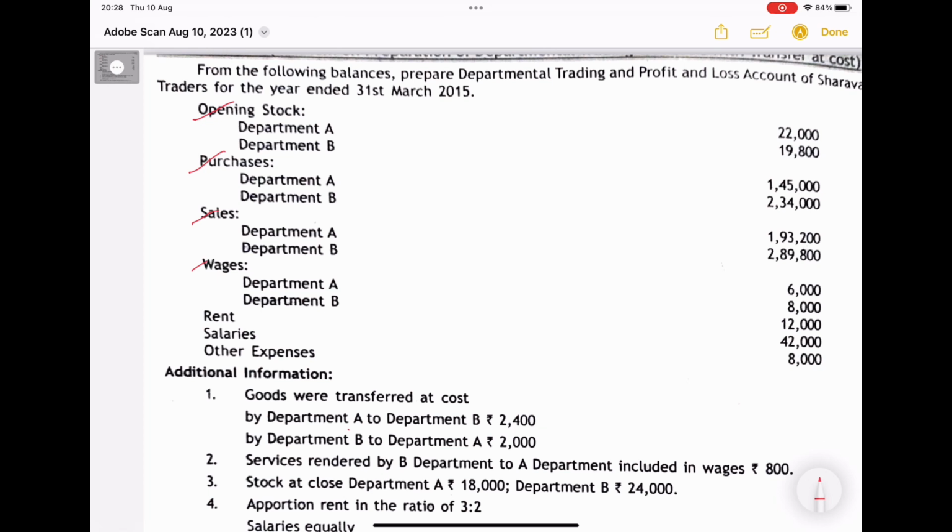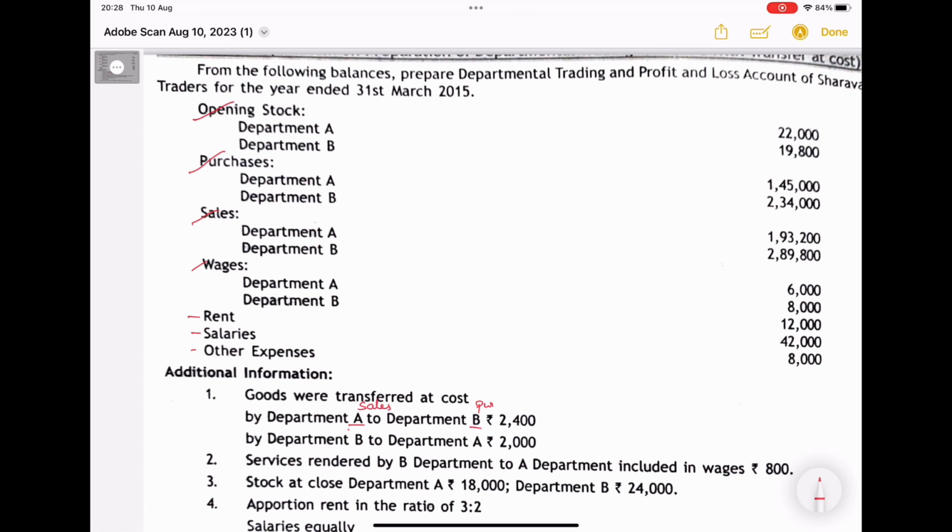mentioned separately. Other expenditures like rent, salaries and other expenses they have given as a lump sum value, so on a certain apportionment basis we are going to bifurcate them. The additional information is that goods were transferred at cost by department A to department B, which means for department A it is a sale, and for B it is a kind of purchase.